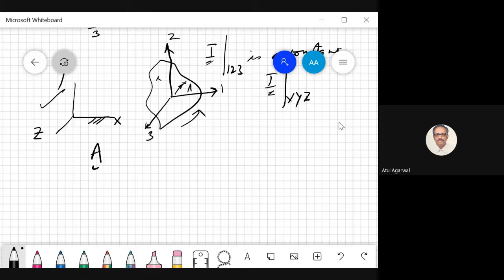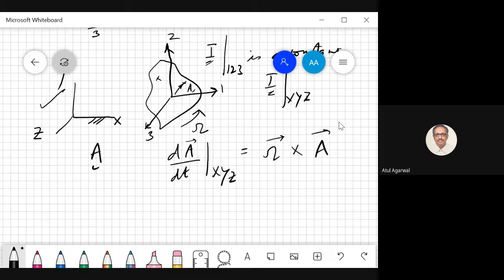Now, as this body rotates with angular velocity omega, what is the time derivative of vector A with respect to the xyz system? I had told you it is omega cross A. Here this A is in the small xyz system, or rather the 1, 2, 3 system, and it is fixed.